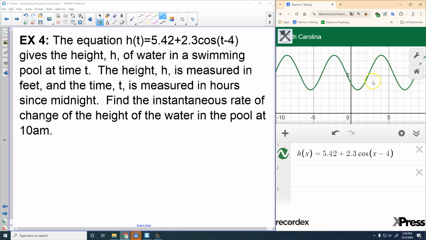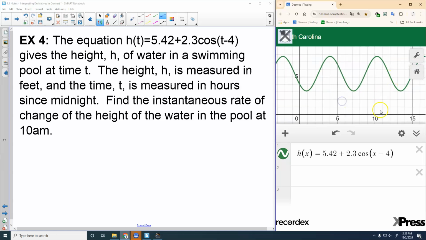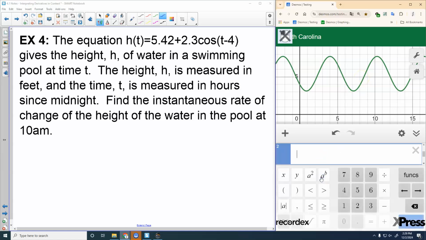So I've got this particular one. I'm looking at t = 10, about right here, and I'm looking for the slope of that tangent line, right? It's really easy on Desmos. Just type in h prime of 10, and it'll give you the value right there. It's 0.643.